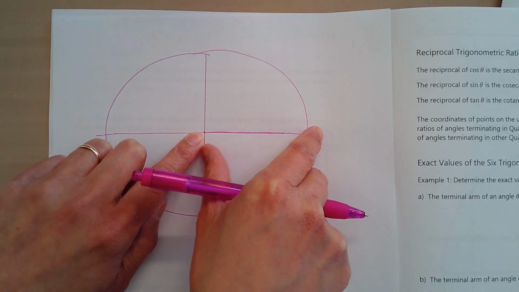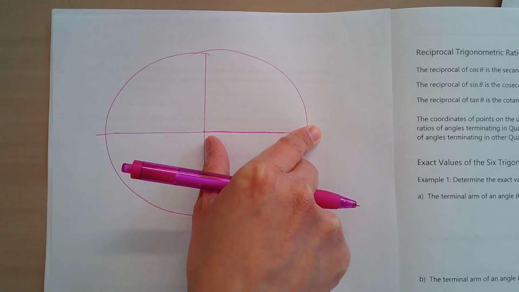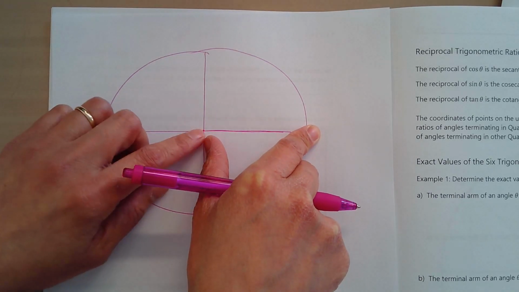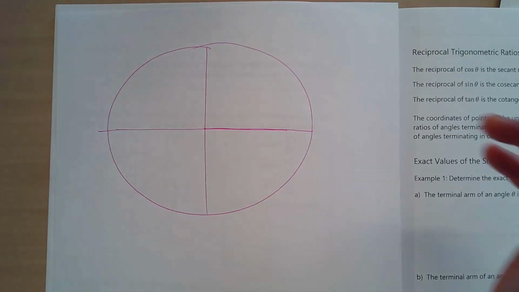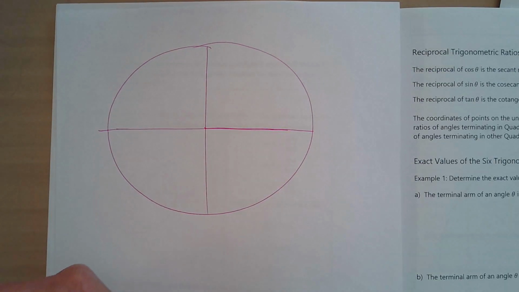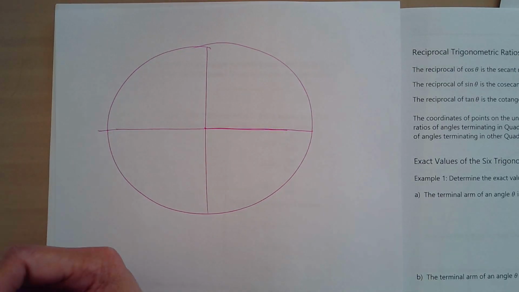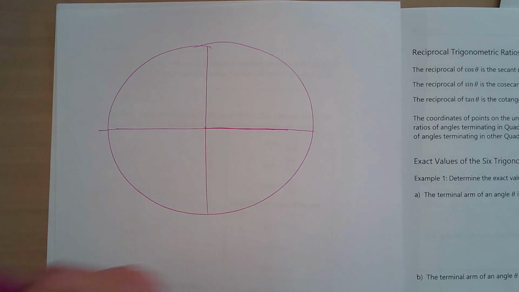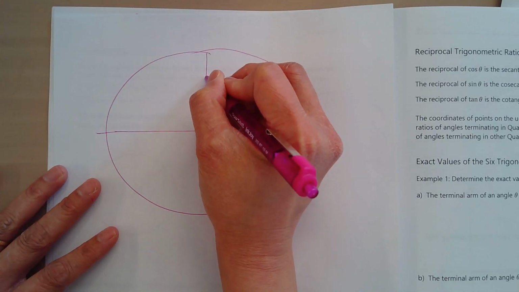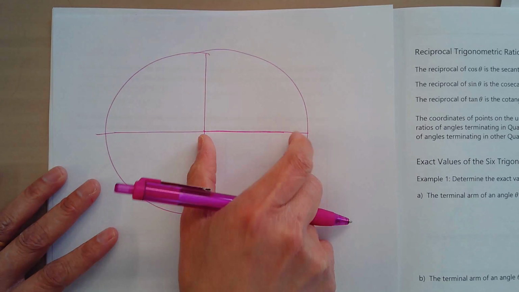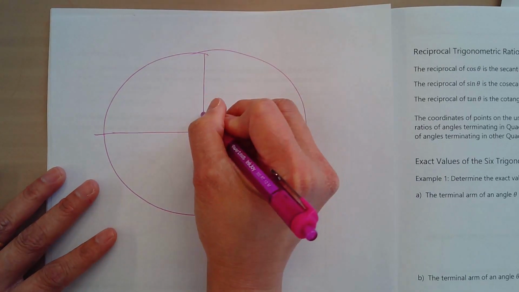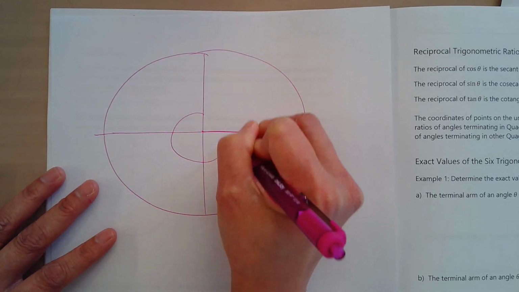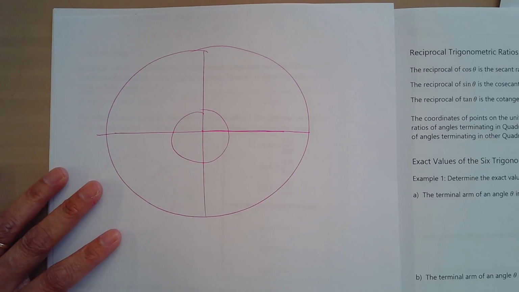Yes, right? Can we have a circle that's radius 10? Yeah. Can we have a circle with radius 1? Yeah, we can. So if this is radius 5, radius 1 would be like that. Okay.